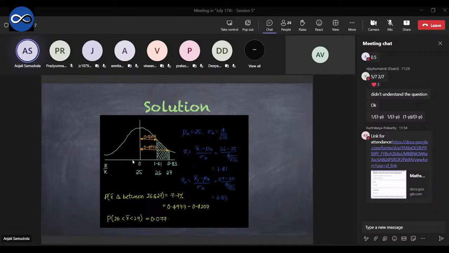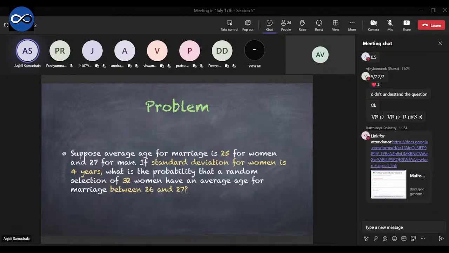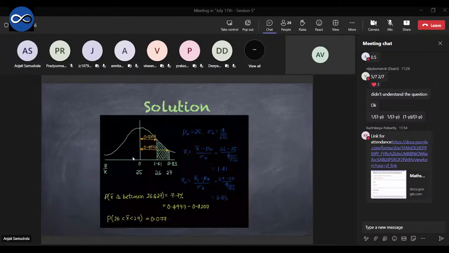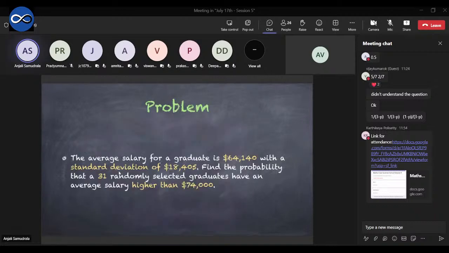Then since in the question they asked for the probability that it lies between 26 and 27, we just need to subtract the two values, then you'll get the probability. Is that clear? In a similar way, you can try this question.